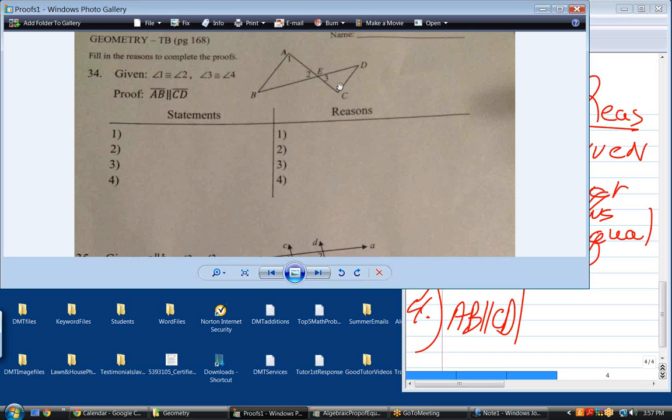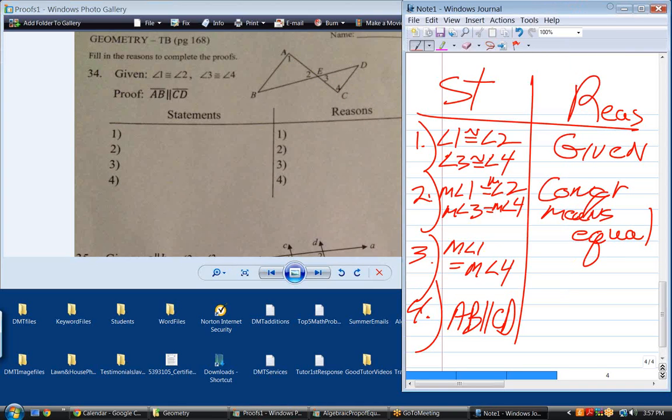If we knew that 1 was equal to 4, then we would know that AB is parallel to CD. So we have to prove that the measurement of 1 is equal to the measurement of 4.